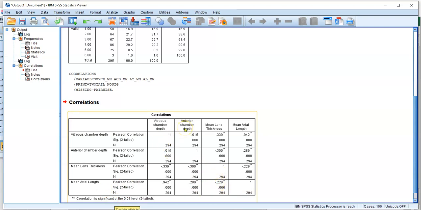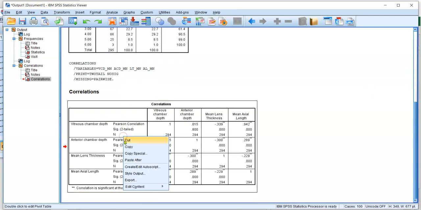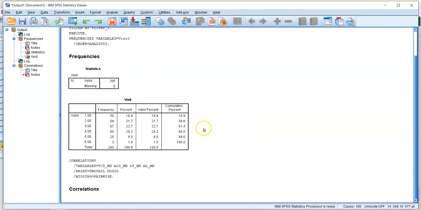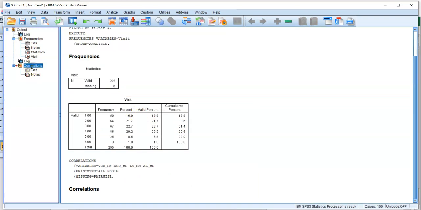All right, number 3. What proportion of the mean axial length variance is accounted for by these? Well, what we would do for that is just copy this. Let's try that again. Correlations. What did I do?